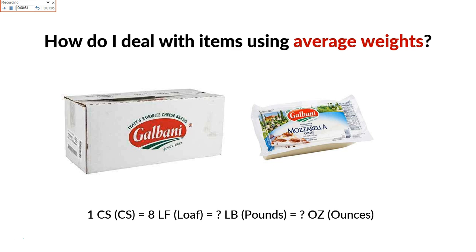And what happens is Cherry has a receiving feature that with items like cheese, if you're using average weights for ordering, you know that when the boxes come in, they have the actual weight that you're paying, because in most situations you're actually seeing pricing for these items by the pound.